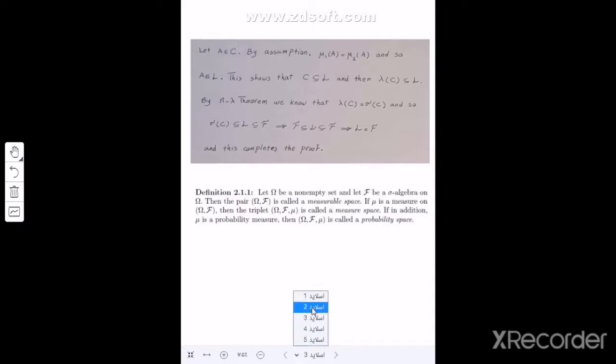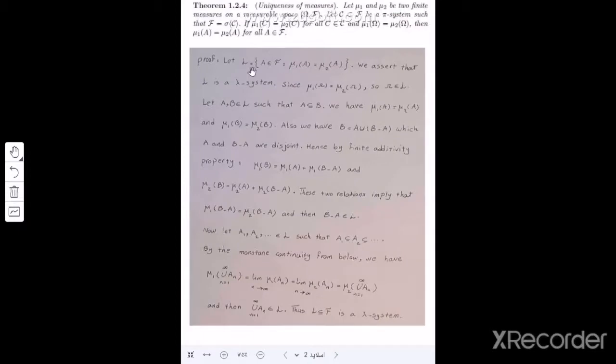Please see the previous slide. If L is equal to F, then for every A belonging to F, we have this property, and this is the assertion of this theorem. If L is equal to F, then the proof is completed.